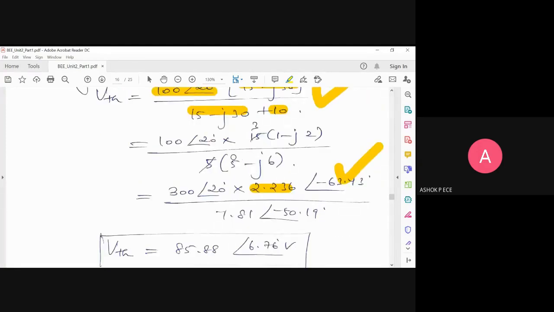Divided by 5 minus J6: square root of 5 squared plus 6 squared is 7.81, and the angle is tan inverse of minus 6 by 5, so it is minus 50.19. Remember, when you have a minus sign in between, the angle will obviously be negative. Even if by mistake you write it as plus, by seeing the term you can correct it to minus. When you have a negative imaginary term, the angle will always be negative. This is a hard and fast rule.